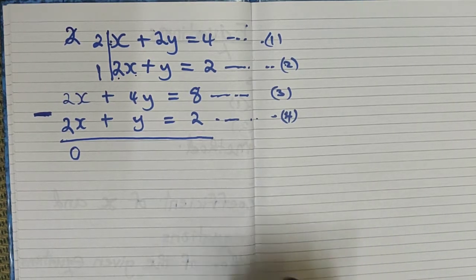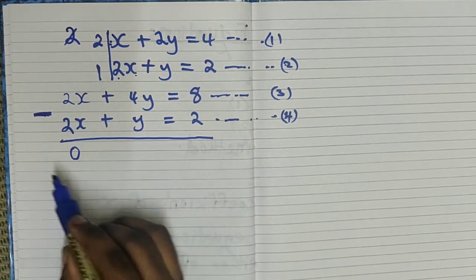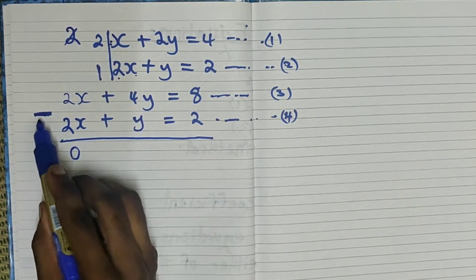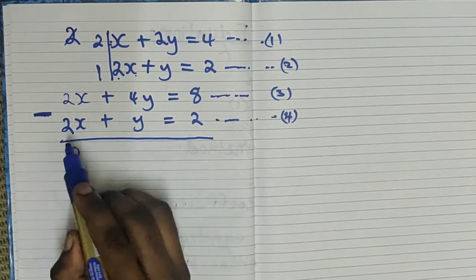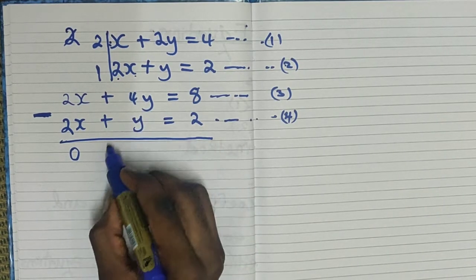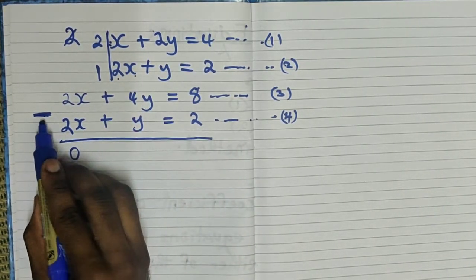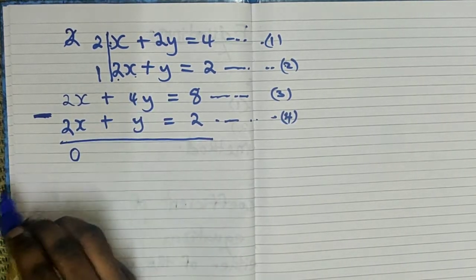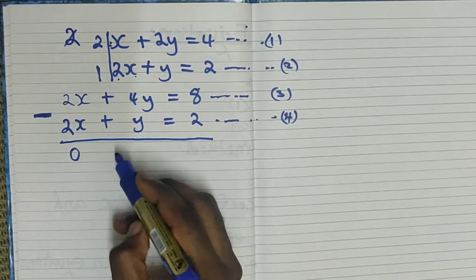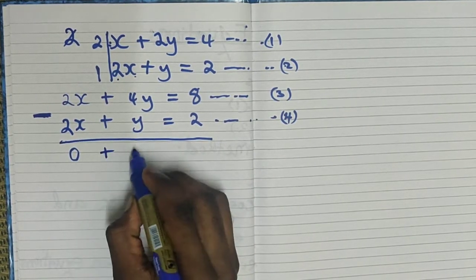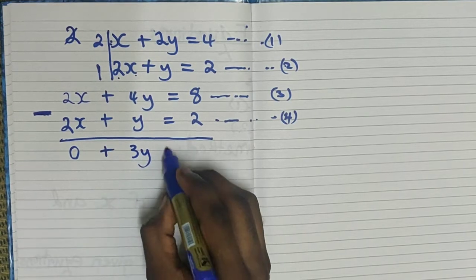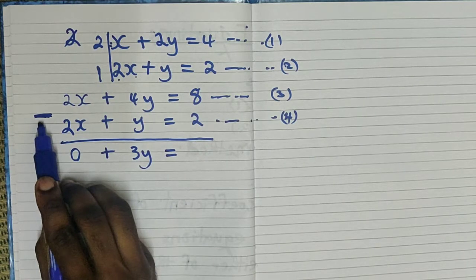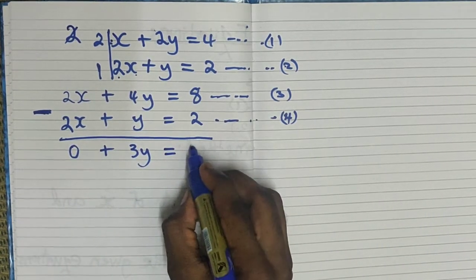Now you are seeing how the idea comes in here. So we have positive 4y plus minus y, which is 4y minus y, which is plus 3y. Put on equals. Now this one is 8 minus 2, which is 6.